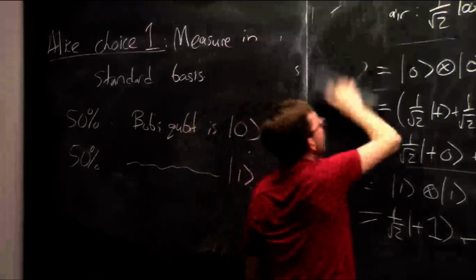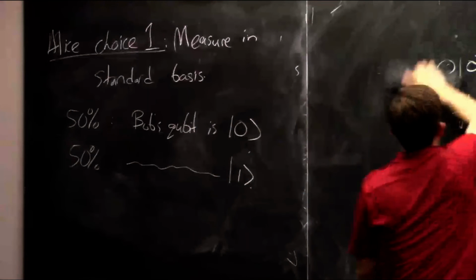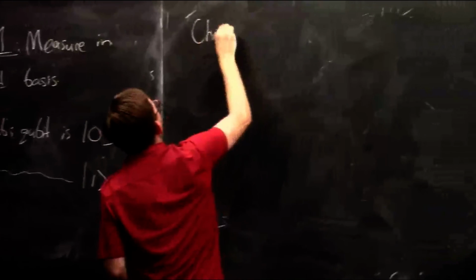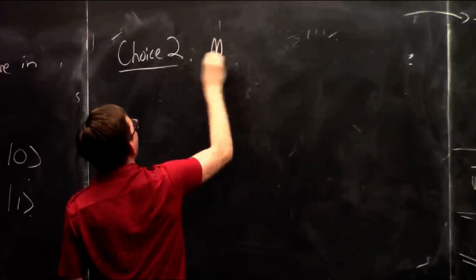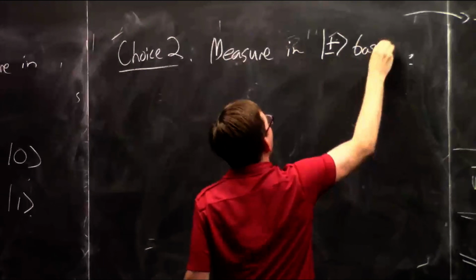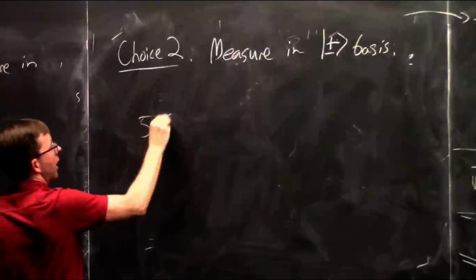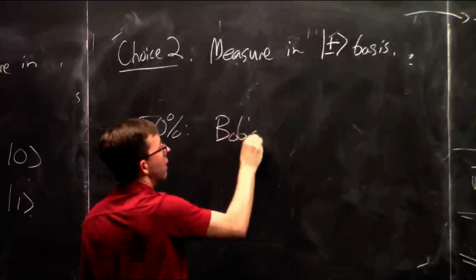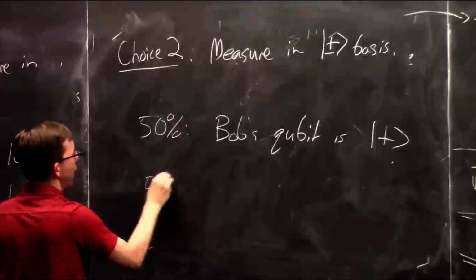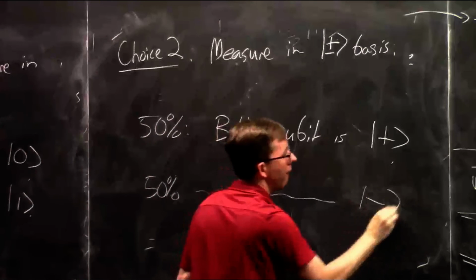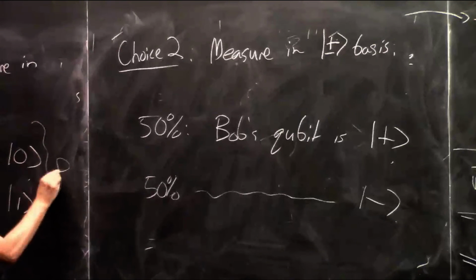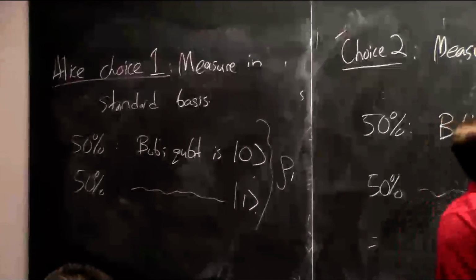Or choice 2, she can measure in the plus or minus basis. And as we've just seen, when that happens, there's a 50% chance Bob's qubit collapses to plus, and a 50% chance Bob's qubit collapses to minus. This looks very different. Let me call this situation row 1, and let me call this situation row 2.